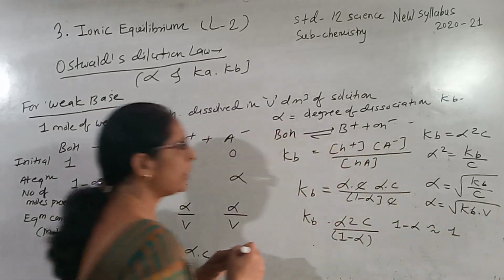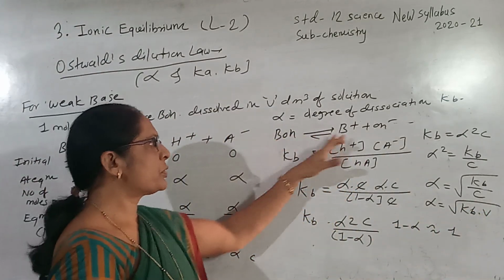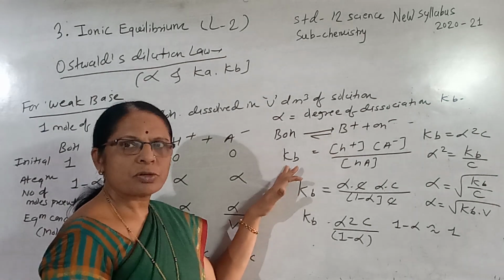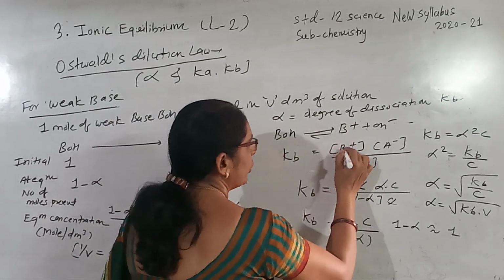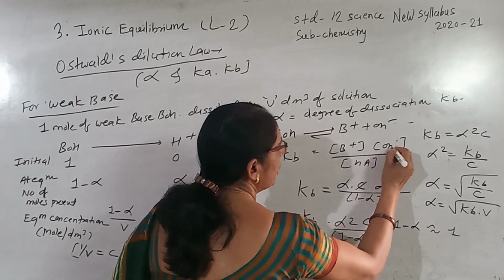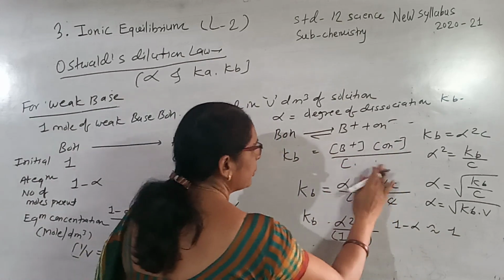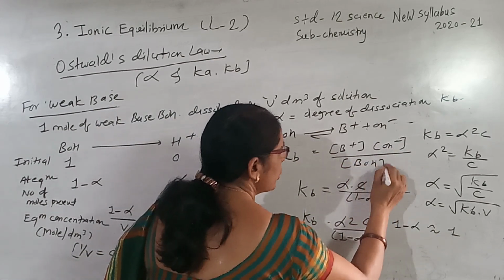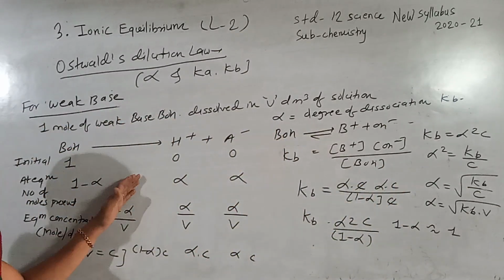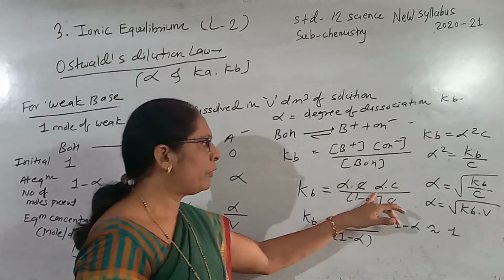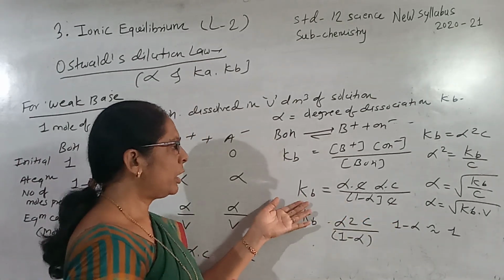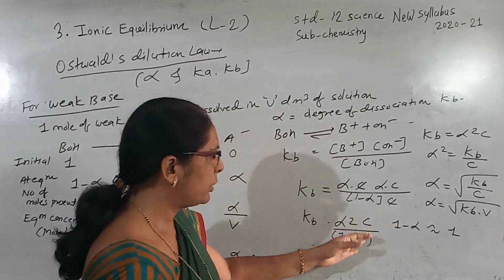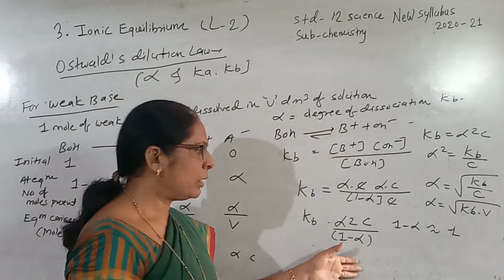So as BOH is partially dissociated, the dissociation constant Kb is equal to the concentration of the products divided by the concentration of the reactant, BOH. Substituting the values from this chart, alpha into C and alpha into C over 1 minus alpha into C. Therefore Kb is equal to alpha square C divided by 1 minus alpha.